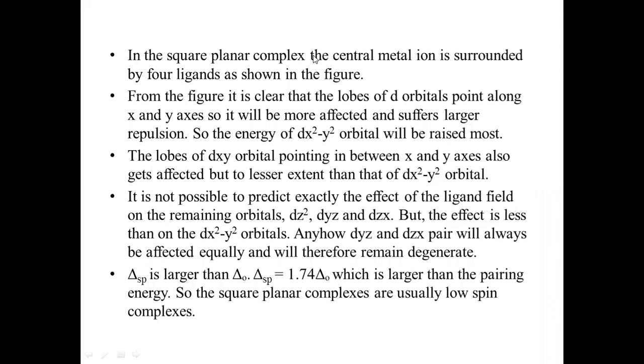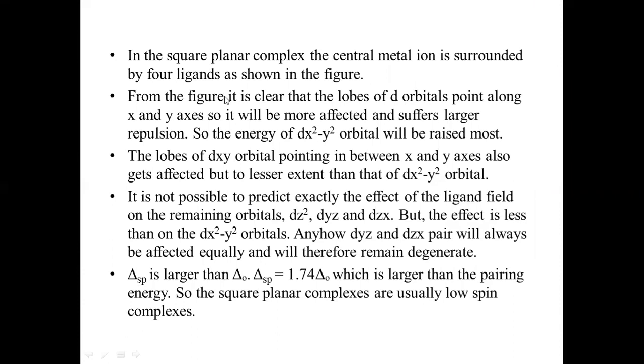So in square planar complexes, there is a central metal ion surrounded by 4 ligands on the x and y axis. We have already learned that the energy of the x and y axis orbitals is increasing, whereas the z component orbitals are reducing in energy.